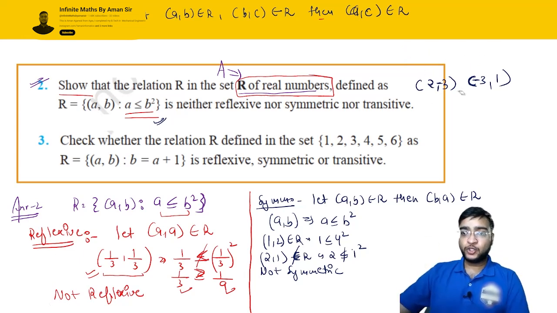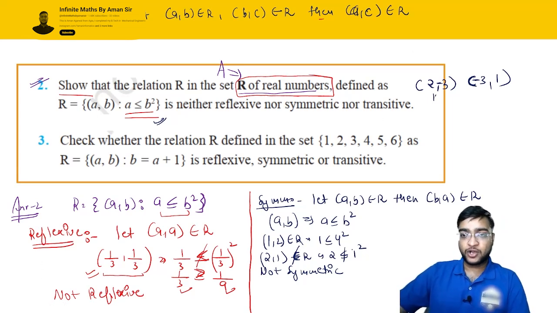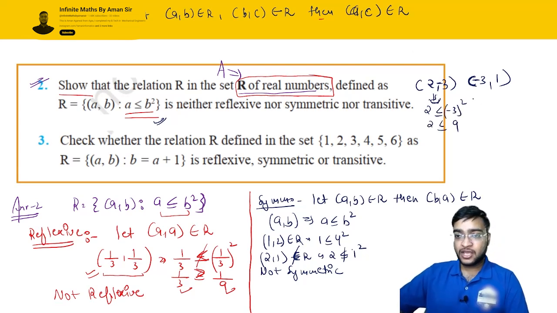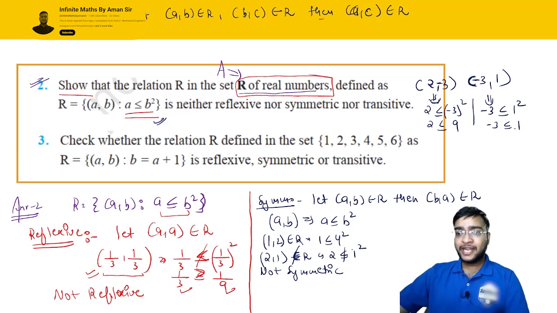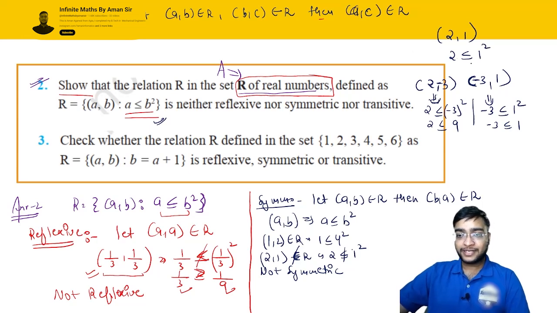If I take (2, -3), does this fulfill your condition? Yes sir, because 2 is less than (-3) squared, that is, 2 is less than 9. No problem sir. Does the next pair also fulfill it? Yes, because -3 is less than 1 squared, that is, -3 is less than 1. So I'm trying to prove the (2, 1) condition: is 2 less than 1 squared true?